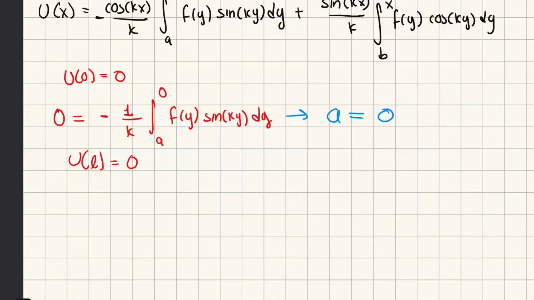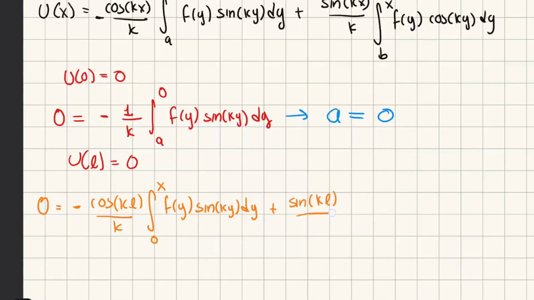Well, we will have here that 0 is going to be minus cosine of k times L divided by k, the integral from 0, which is a, right, to x of f of y sine of ky dy, and then plus sine of kL divided by k, the integral from b to x of f of y cosine of ky dy. And I forgot to substitute the value of x here, which is L, right?